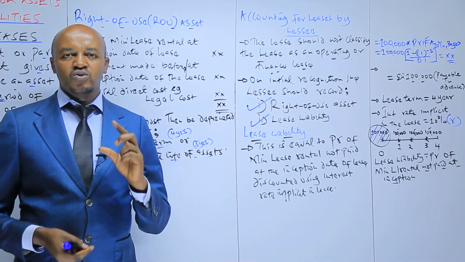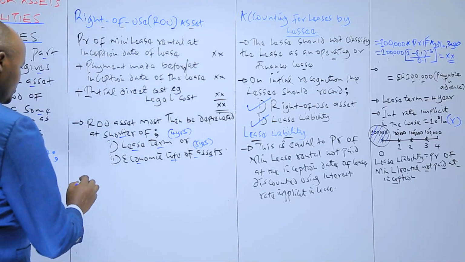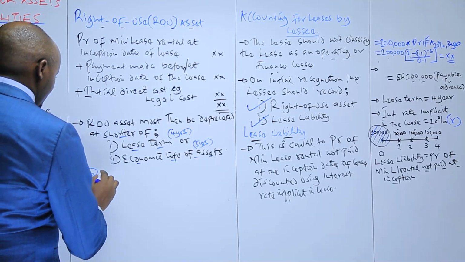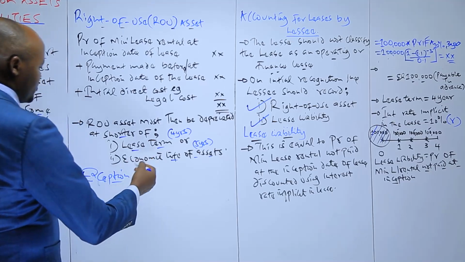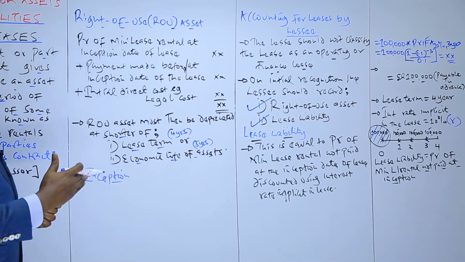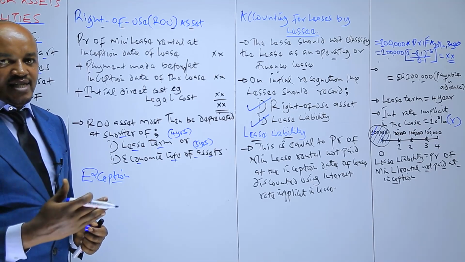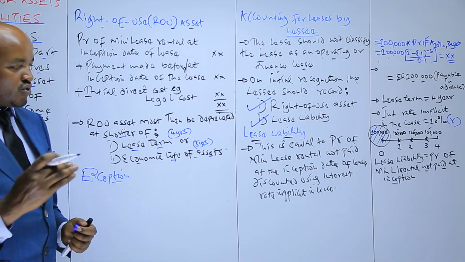So which are those exemptions? Basically we refer to them as exemptions or exceptions from complying with IFRS 16 as far as accounting for leases by the lessee is concerned.